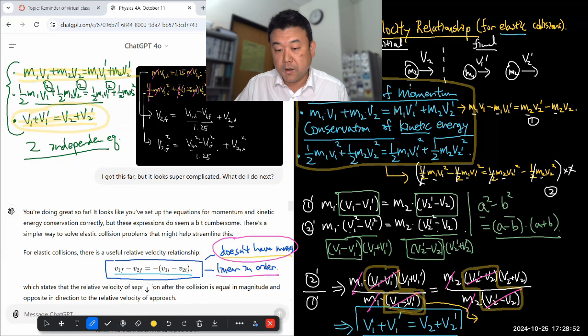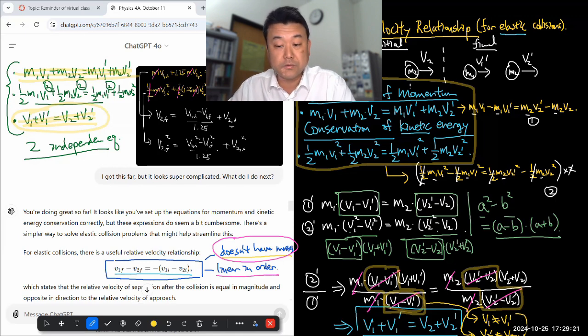So this v1 minus v1 prime must not be 0, which means we must have v1 not equal to v1 prime. And v2 prime minus v2 must not be equal to 0, which means v2 prime must not be equal to v2. Now, consider looking at this. What kind of solution do you have when v1 is equal to v1 prime? And what kind of solution do you have when v2 prime is equal to v2?